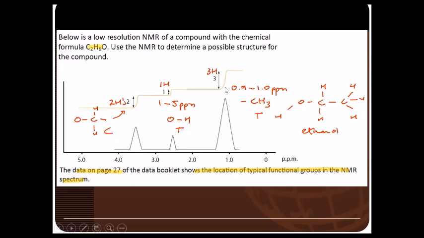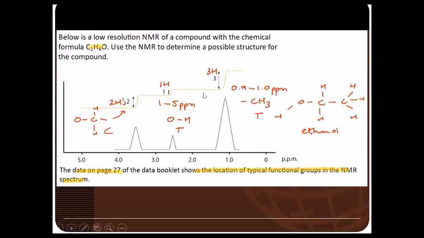Because this has 3 hydrogens in it, that's why there's a higher peak here, which is typical for your CH3. Now, we have an oxygen in this molecule, C2H6O, a single oxygen, and we've got to decide where it is in the integration here.